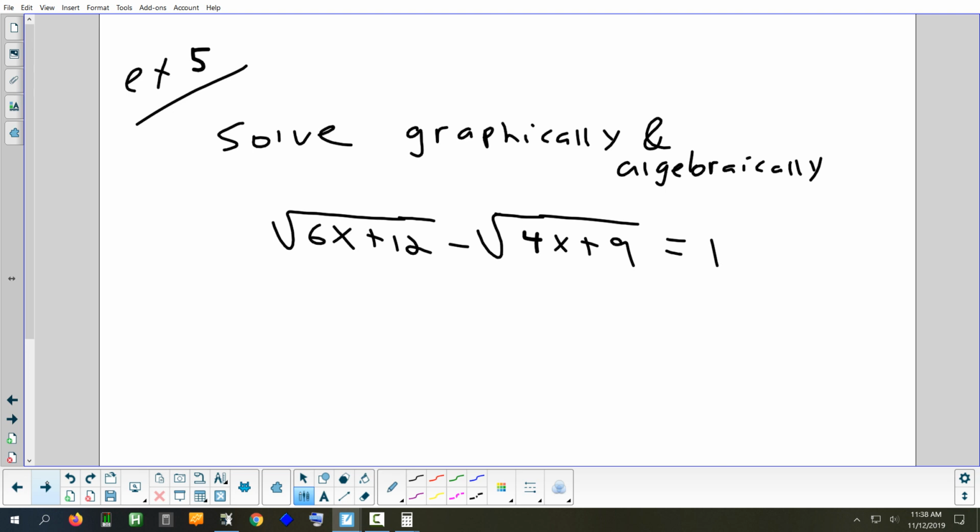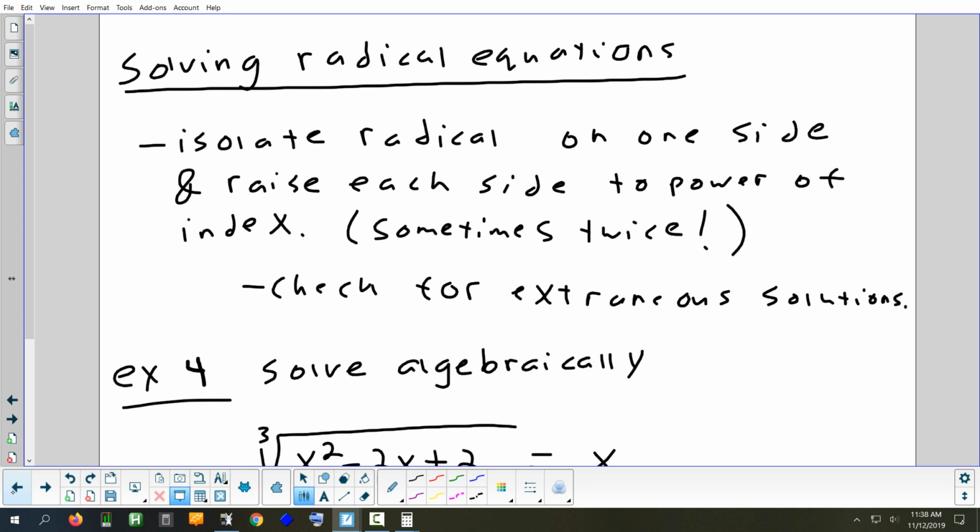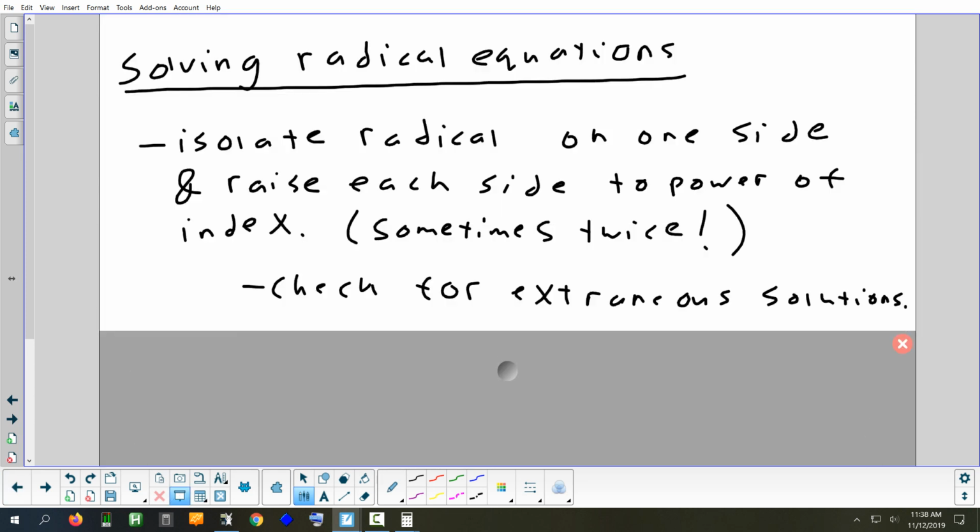That's going to be more of a pain. You're never going to have more than 2. But the goal is make sure when you start the problem, one of your radicals is already by itself. If it's not, you have to get it by itself.